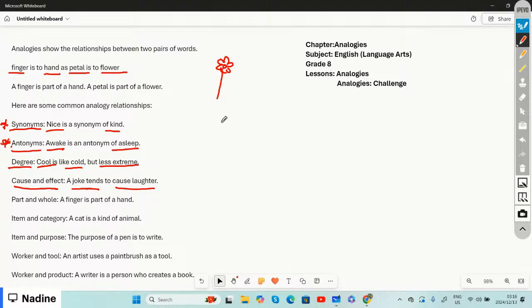Then we have part of a whole, or part and whole.